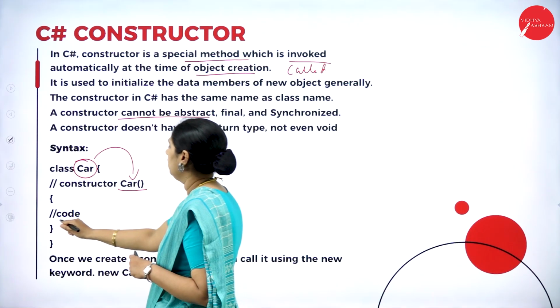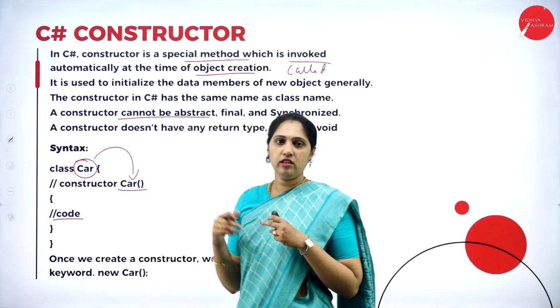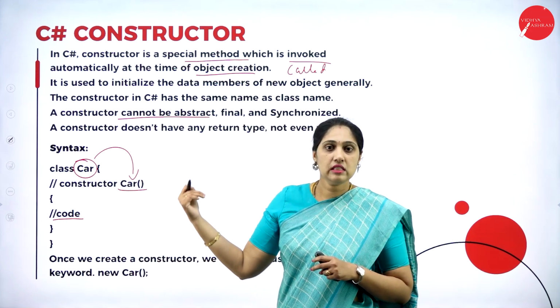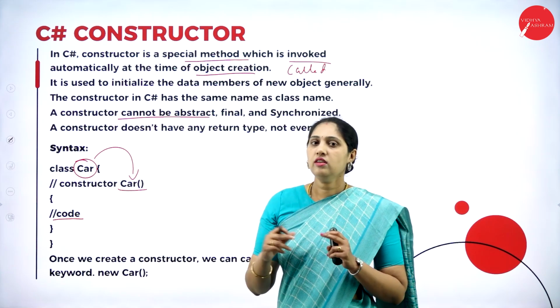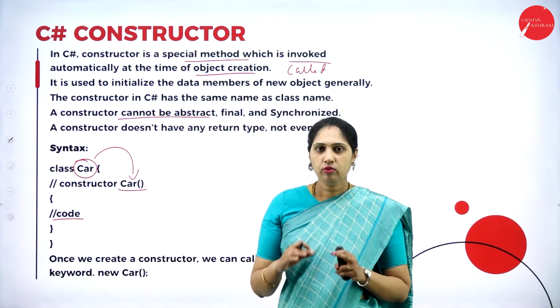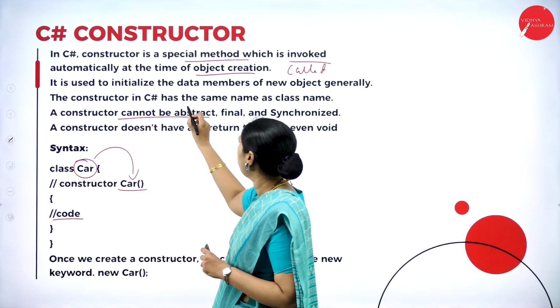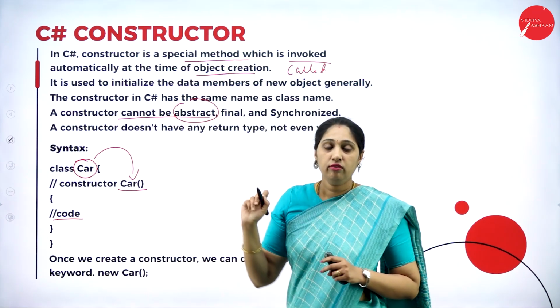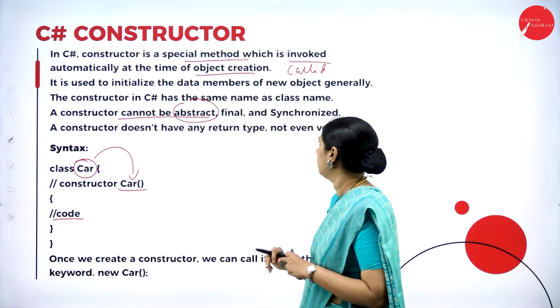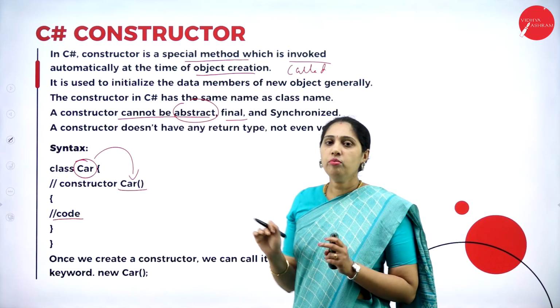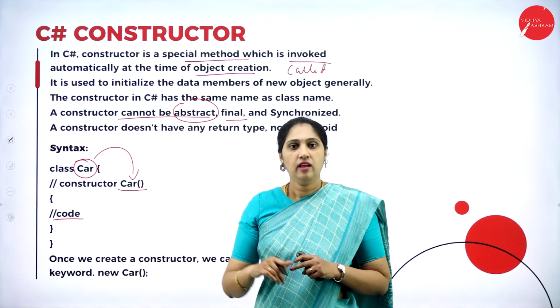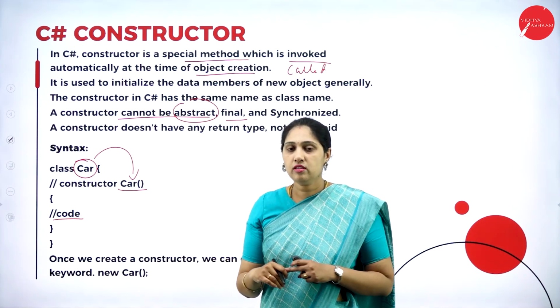Then we'll write the code. So code is nothing but what functionality it does. One thing we have to keep in mind, when I want to create a constructor, it cannot be abstract. Okay, we should not use the keyword abstract, final. So much syntax is there. Along with that, you have to keep this in mind.